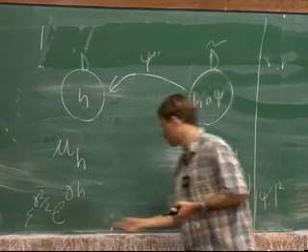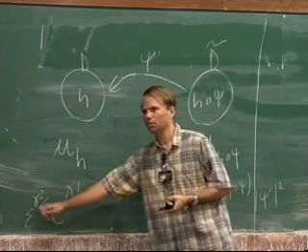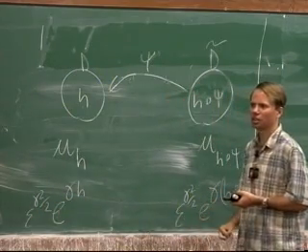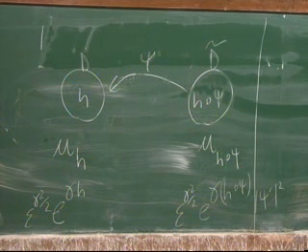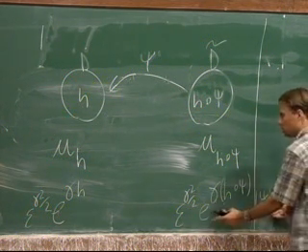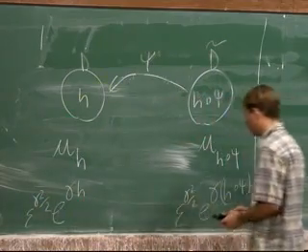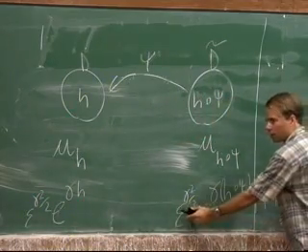But when I map from here to here, the epsilon over here is not the same as the epsilon over here. The epsilon also gets changed. Which means if I want this number here to agree with this number here, I also have to account for the fact that this is a different epsilon.